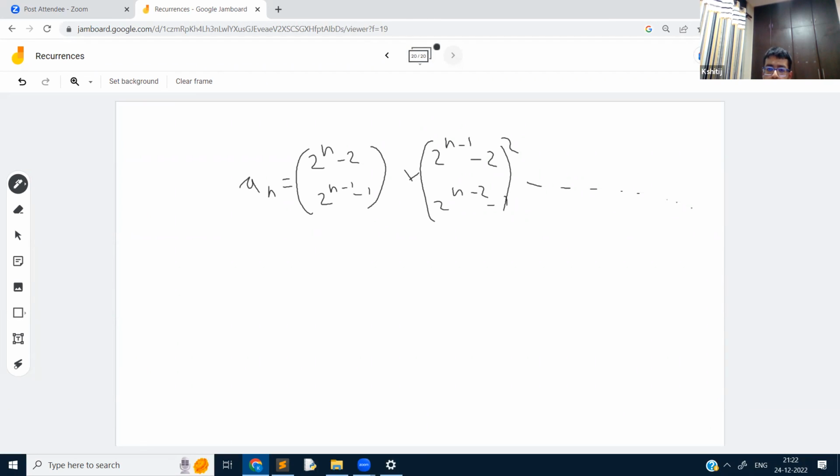Squared and so on, we keep multiplying, and the second term will appear 2 times, the third term will appear 4 times, and we can write it formally as an minus k minus 2, an minus 1 k minus 1 minus 1, to the power 2 k minus 1.